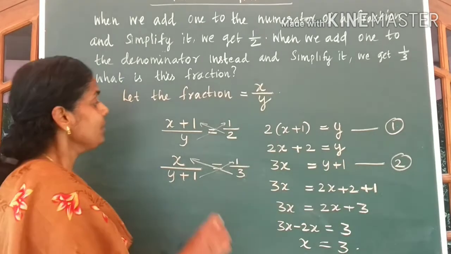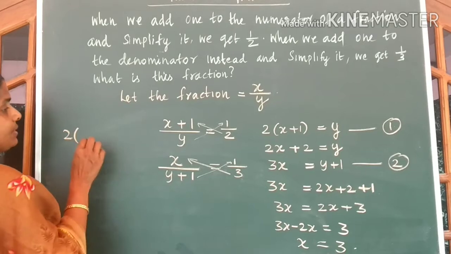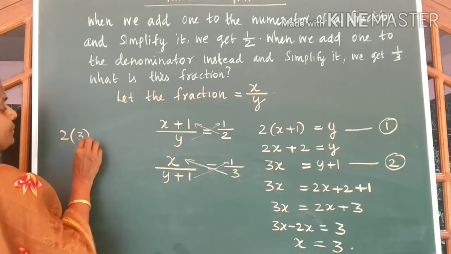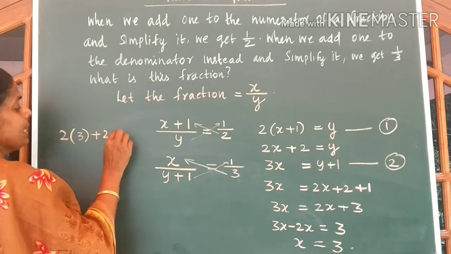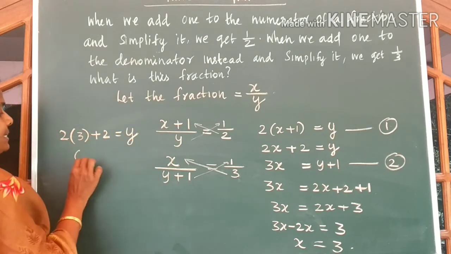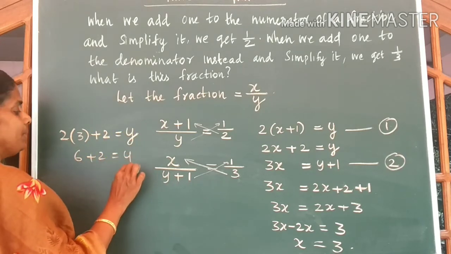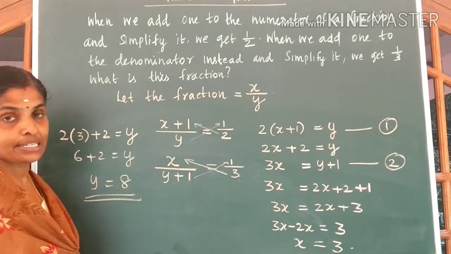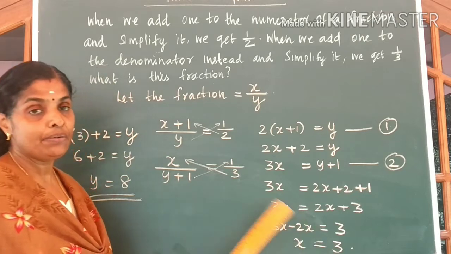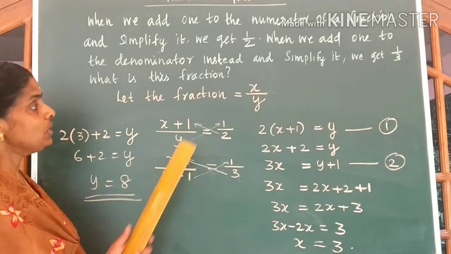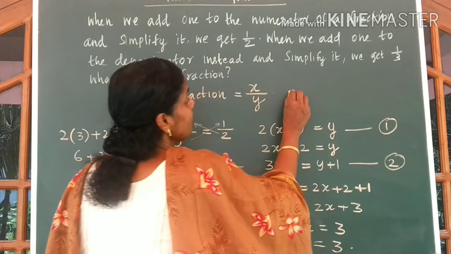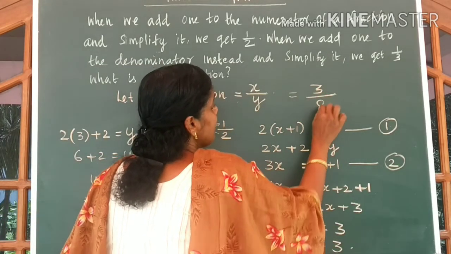You will get 2 into x value, which is 3. 2 into 3 plus 2 is equal to y. That is 6 plus 2 is equal to y, or the value of y is equal to 8. We got the x value and also the y value. So what is the fraction now? Fraction is equal to 3 divided by 8.